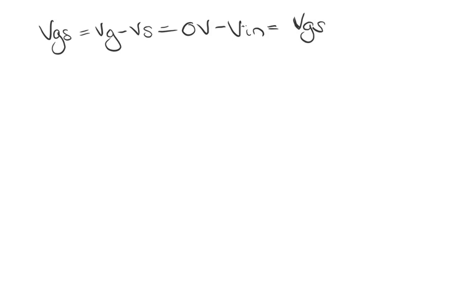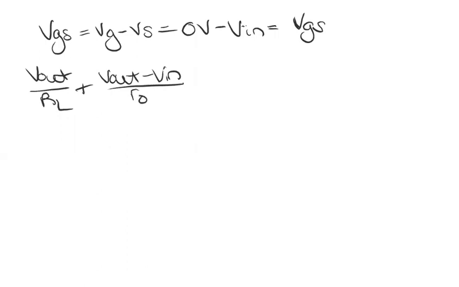So plugging this VGS equation into the first equation, I will have Vout over RL plus Vout minus Vin over R0 plus gm times minus Vin equals 0.